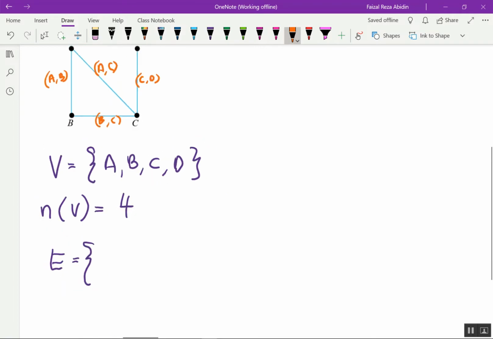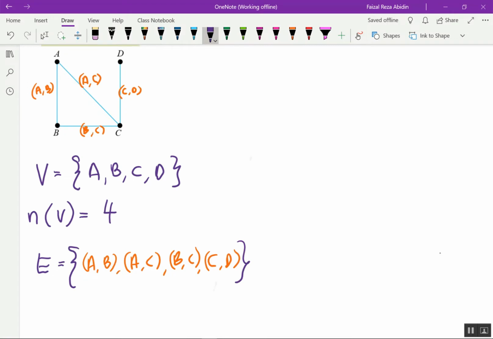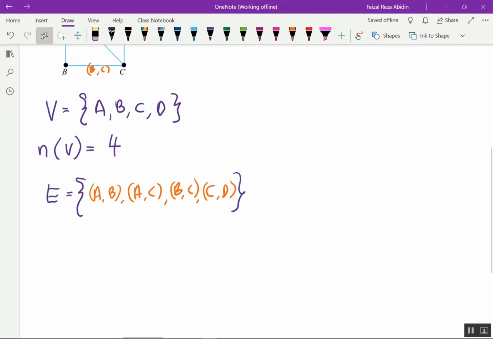So we can put in our set of edges: AB, AC, BC, and also CD. So the number of edges over here is 4.